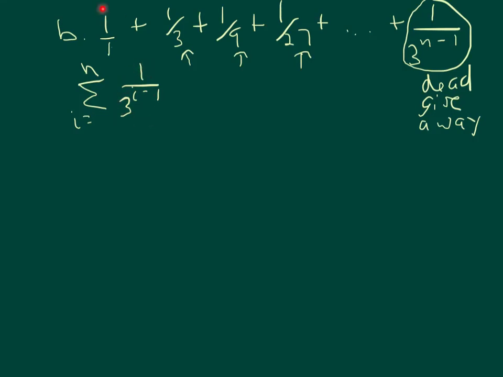That's the start of the series, or the summation, is that 1. We got to figure out what we got to plug in here to make a 1 on the bottom of this fraction. And we got this 3 here. And what makes base numbers 3 are powers of 0. And so in order to make this whole number on bottom a 0, I need this I to be a 1. Because 1 minus 1 makes a 0. So that would be what we need I to be. So we would run from 1 to n.